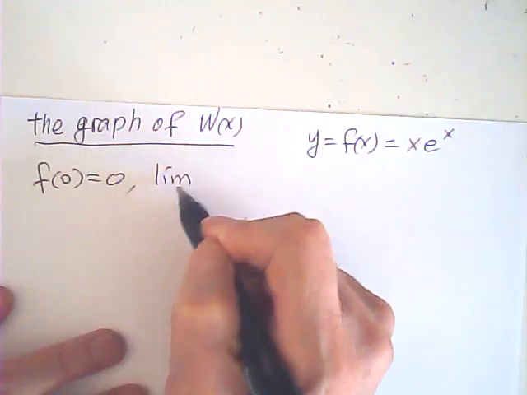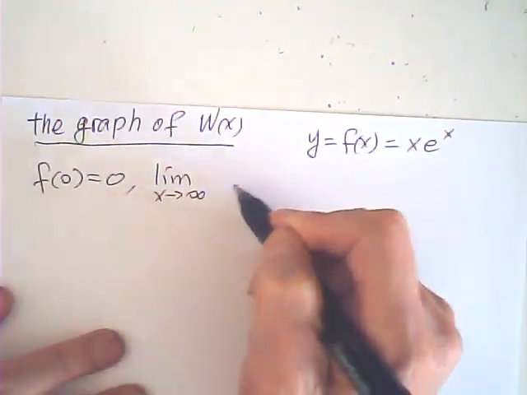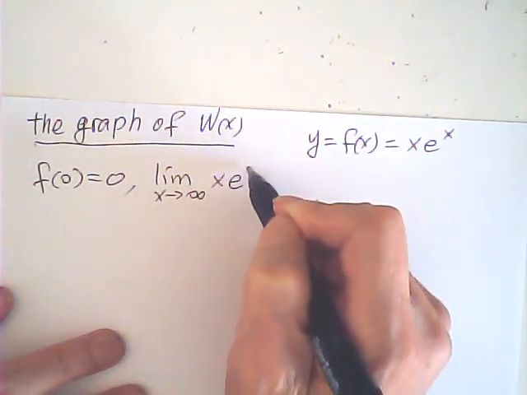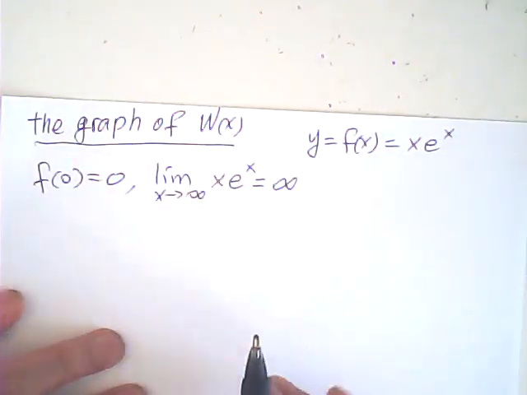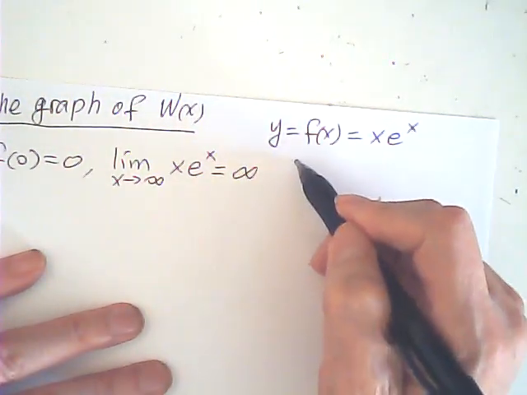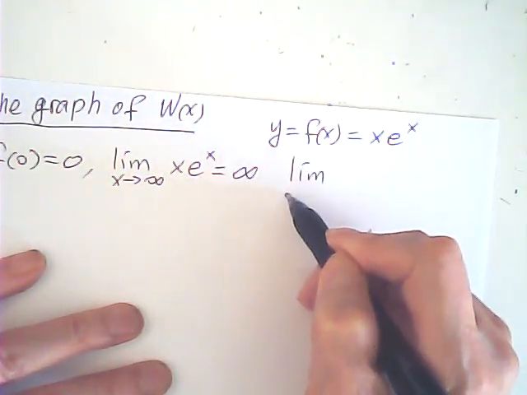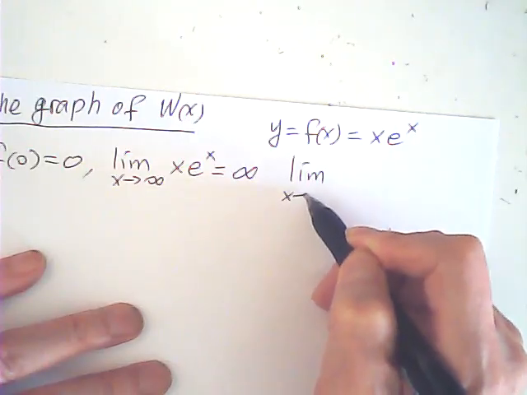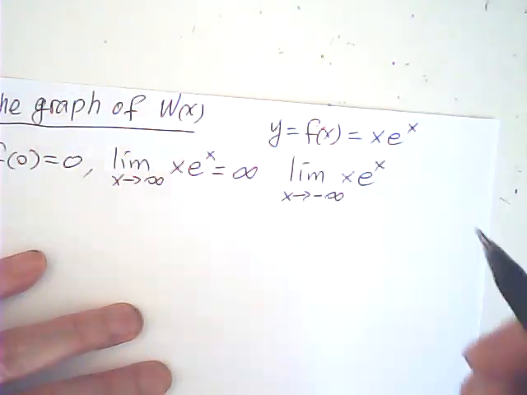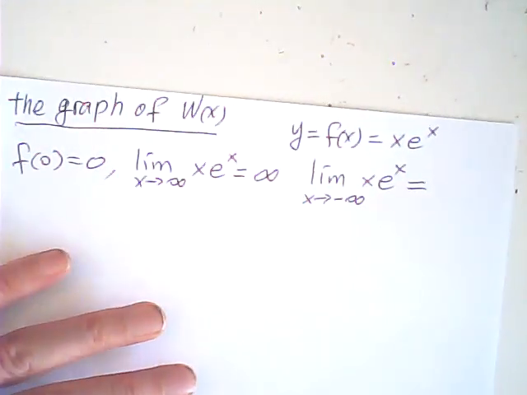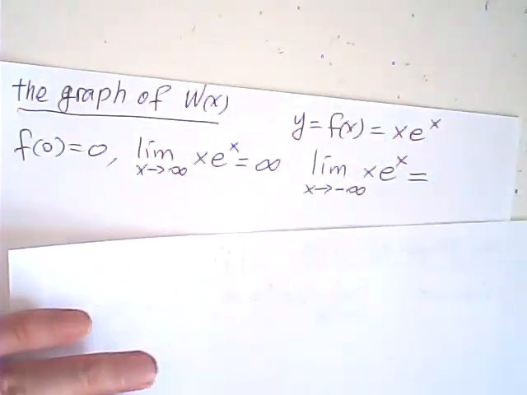When x is approaching infinity, x e to the x is approaching infinity. Now when x approaches negative infinity, x e to the power of x, we have to work out a little bit.